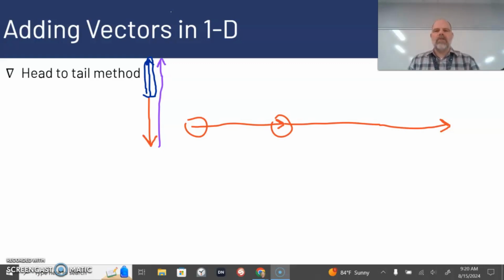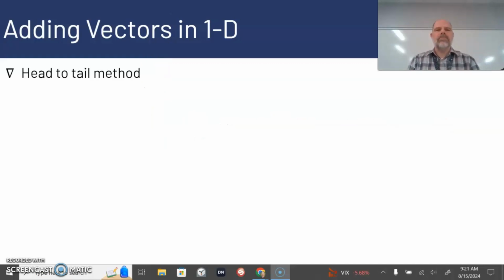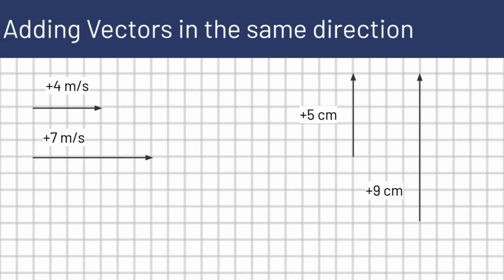Alright, so let's look at some examples. Let's look at adding vectors in the same direction. Remember, we're using the head to tail method. We start with our first vector here, which is 4 meters per second to the right. So we have 1, 2, 3, 4. Then we put the tail of the next vector against the head of the first vector.